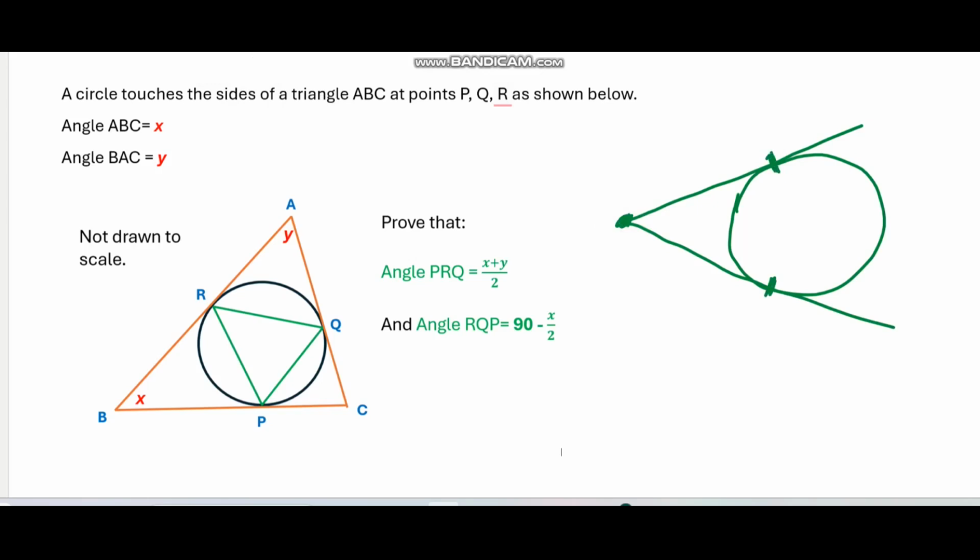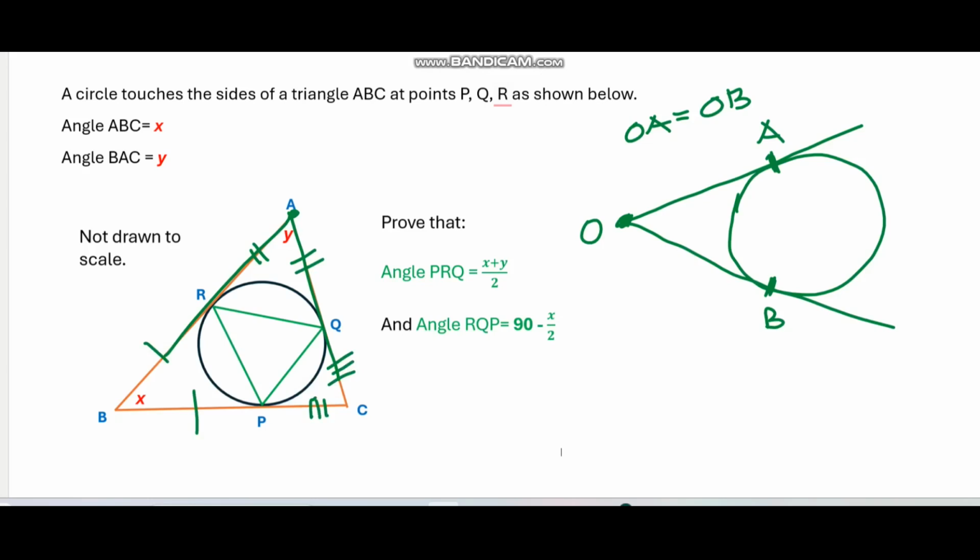In other words, if this is O and this is A and B, OA equals OB. Now that's going to become very useful here, because from this external point A we drew two tangents, so this is equal to this, similarly this is equal to this, and this is equal to this. Okay, so that's the first circle theorem to keep in mind.